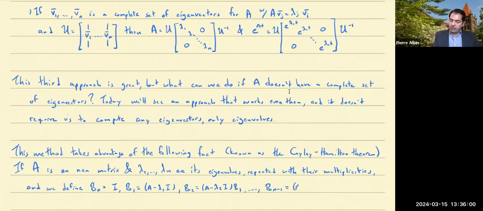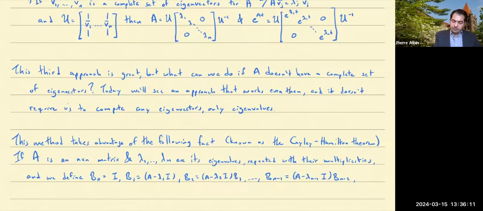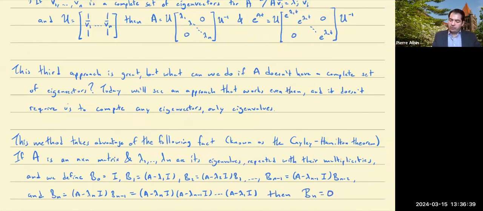B n minus 1 would be A minus lambda n minus 1 times the identity times B n minus 2. And then finally, Bn is A minus lambda n times the identity times B n minus 1, right? So that means it's A minus lambda n times the identity times A minus lambda n minus 1 times the identity, and so on until you get to A minus lambda 1 times the identity. Then Bn is the zero matrix, right?